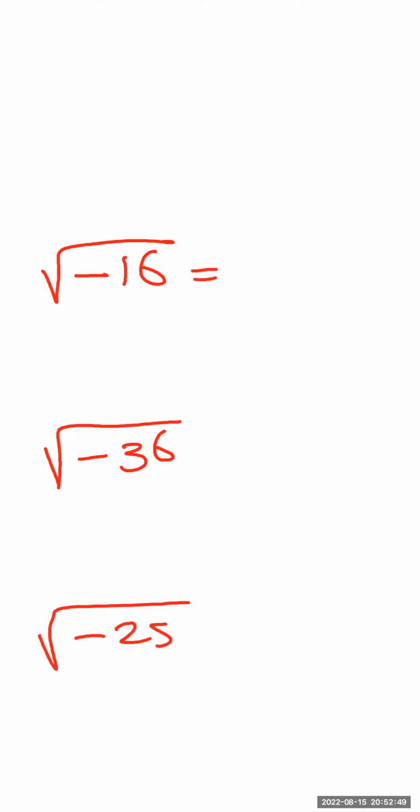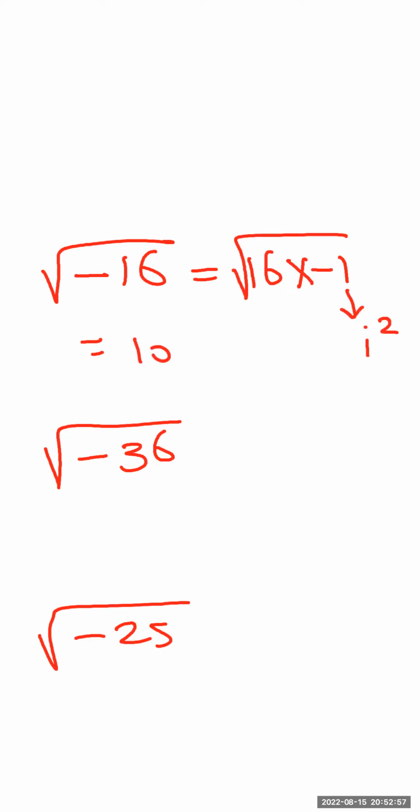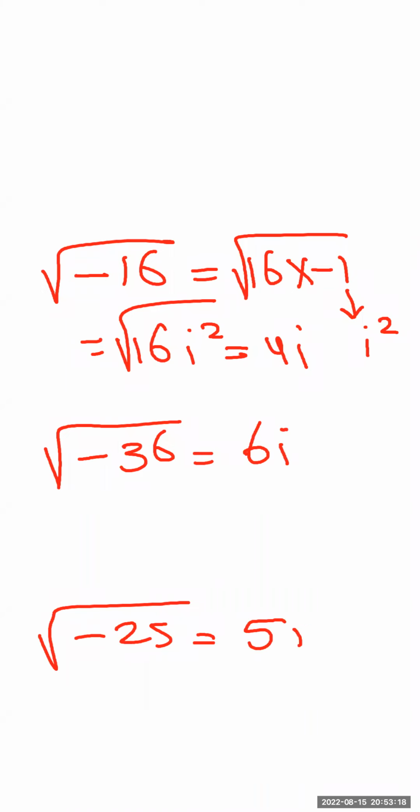Simply this one is 16 times -1. -1 means i squared, so 16i squared. Now the square root is 4i. Correct, guys? Yes. So the next one, the square root of -36: the square root of 36 is 6, and -1 means i squared, so 6i, directly without the steps. The steps in the beginning are just to explain the procedure of the solution. Are we clear till this point?